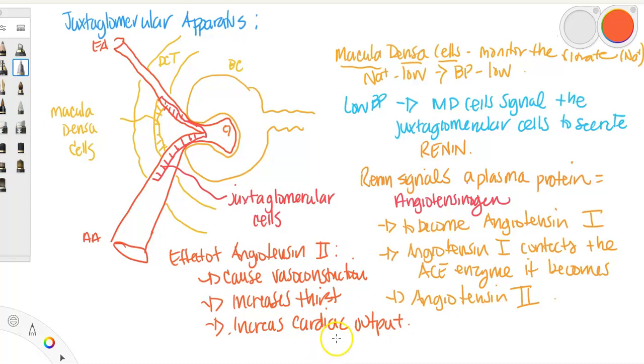Vasoconstriction means the vessels are getting smaller, so the pressure on the walls is getting higher. Increased thirst means you're drinking more, bringing more fluid into the vessels, causing more pressure on the walls. Increased cardiac output brings more blood circulating in the system, increasing the pressure on the walls. So angiotensin 2 causes all those things body-wide, not just what's going on at the afferent arteriole.